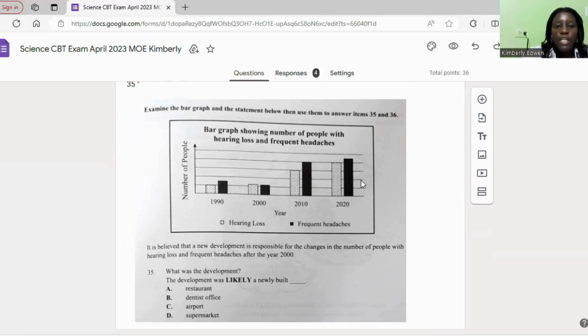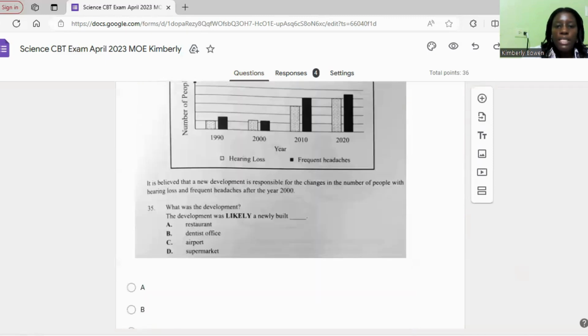So we see that it's increasing from the 1990s to 2020, and we're seeing the different bars. Hearing loss is the green bar, and frequent headache is the darkened bar, or the black bar.